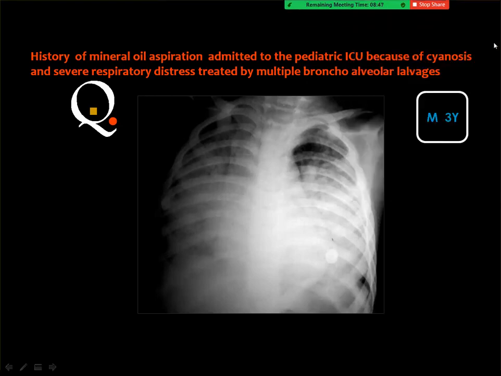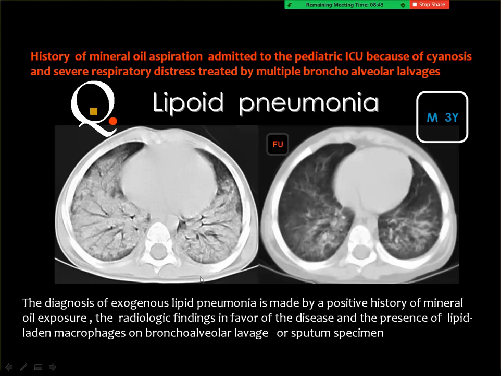Yes, and the history is quite evident, and this is lipoid pneumonia, and this is the appearance of the case by CT, and this is CT after bronchoalveolar lavage.